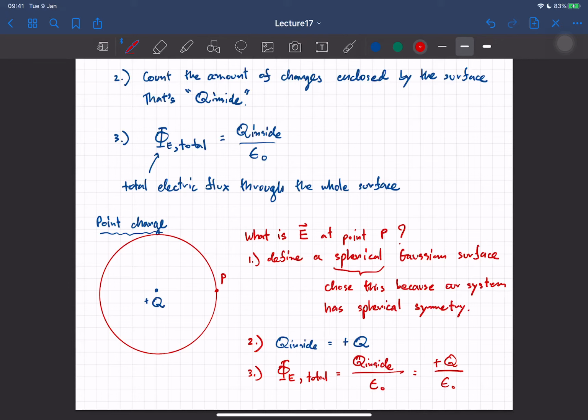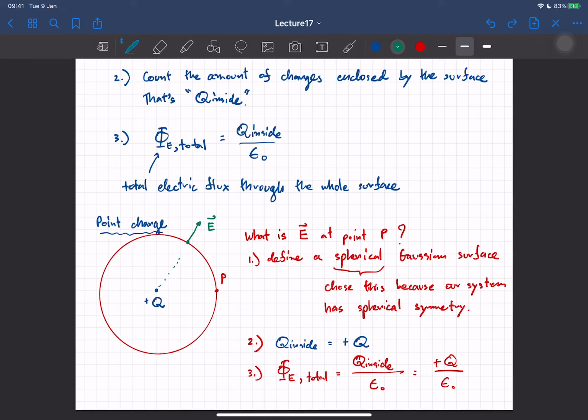The other thing that we need to work on a little bit is the left-hand side, which is total electric flux. The electric field from a point charge will point away from the charge. That's what we know already from Coulomb's law. So at any point on the surface, for example here, the electric field will point that way.